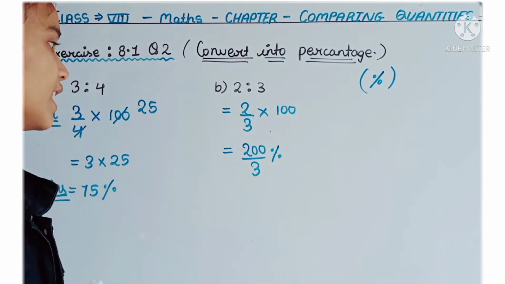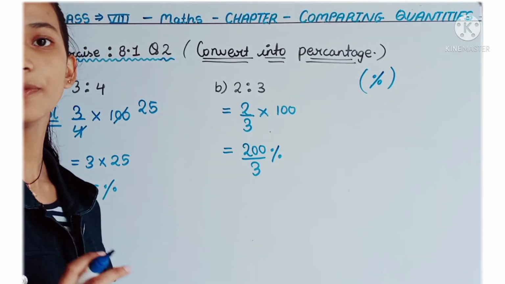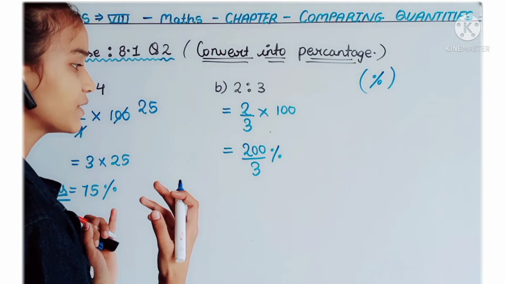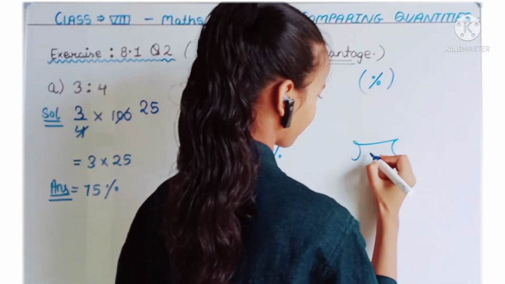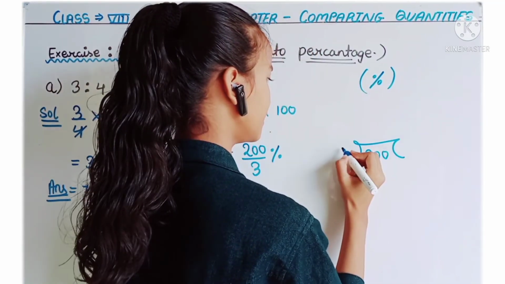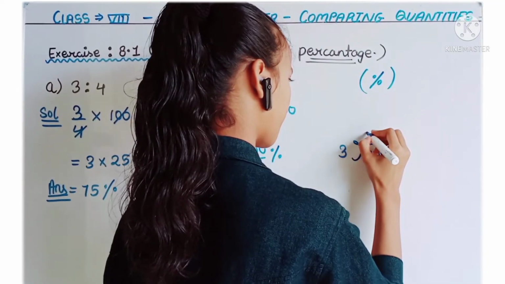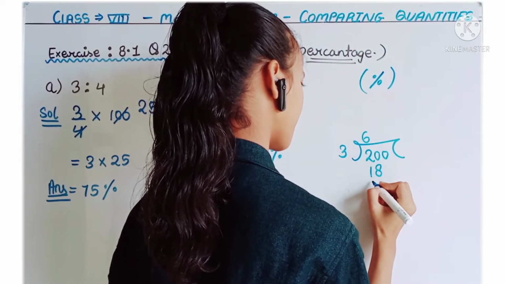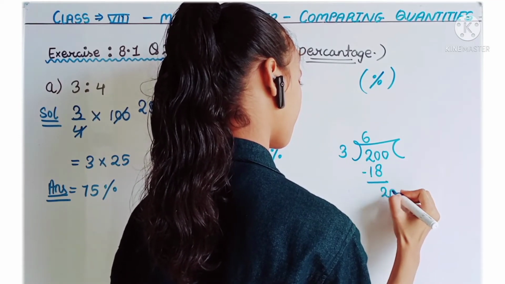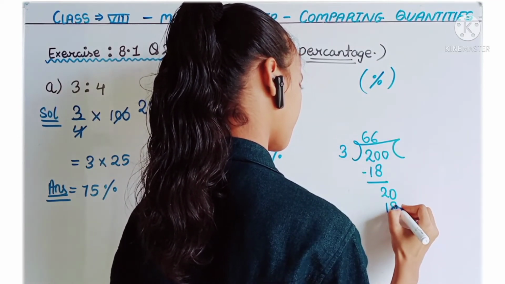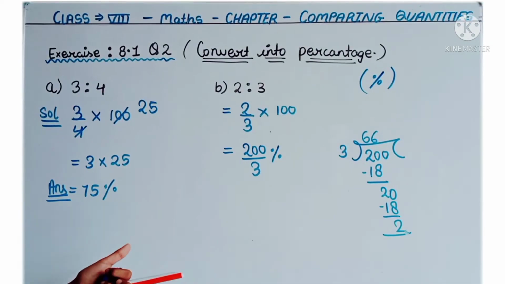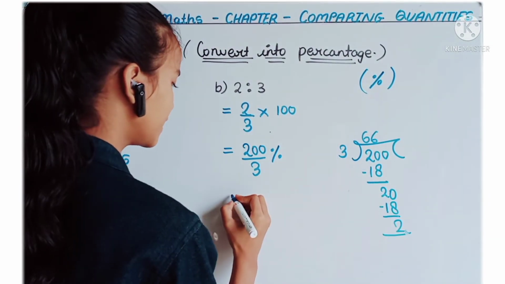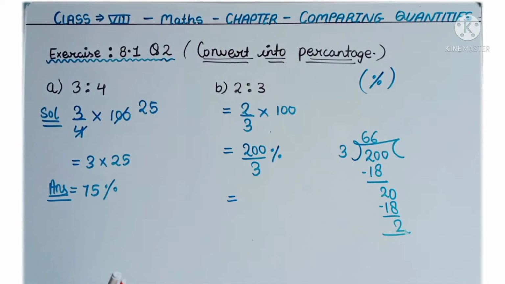So 200/3. Now if you want, you can convert it into a mixed fraction. अब हम इसे mixed fraction में change कर देंगे, means divide करके. So we get 66, and the remainder will be 2. We will not solve it by putting decimal points, etc. So how can we write it?